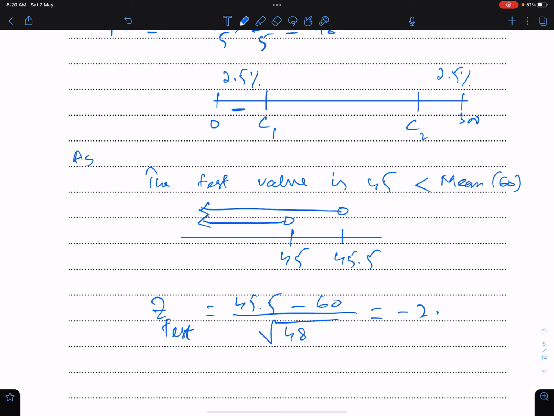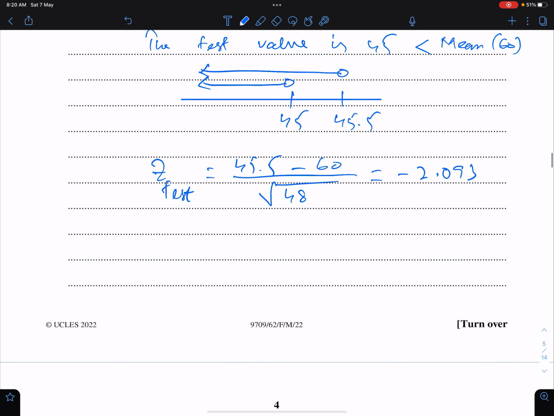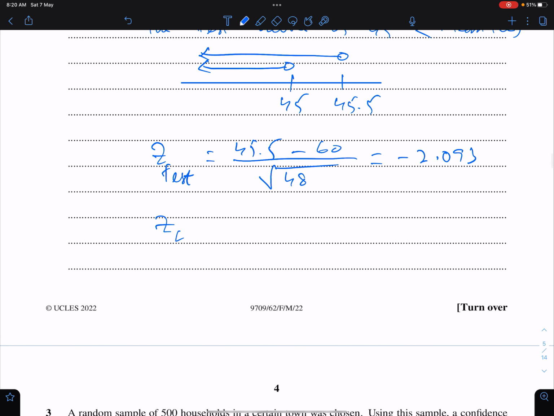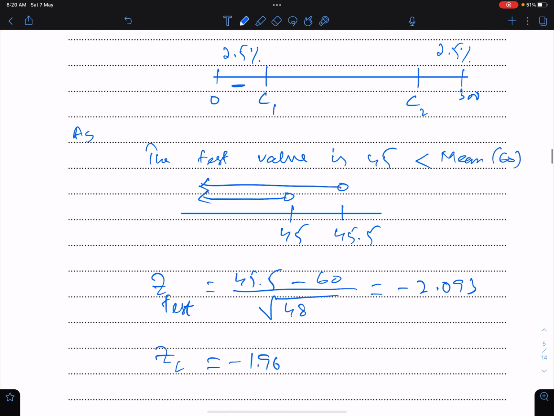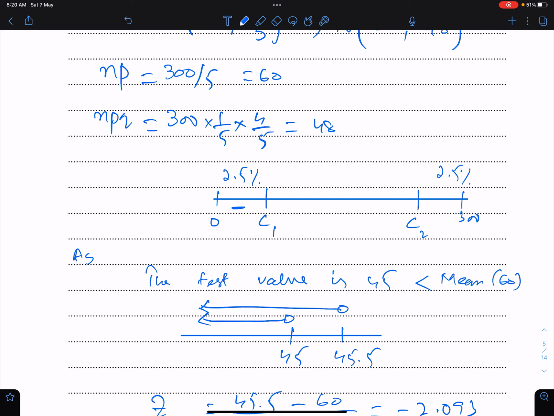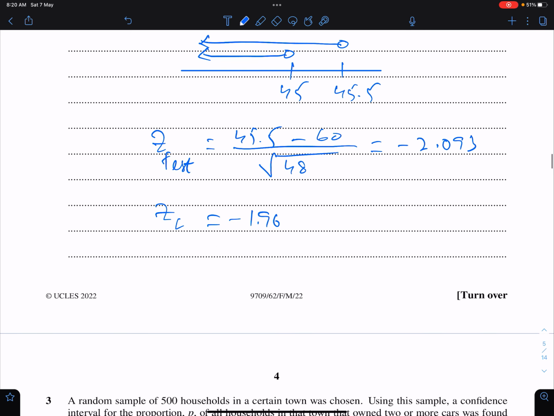This is minus 2.093. And Z critical is 1.96, for 2.5%. Since we are performing the lower tail, it's negative 1.96.